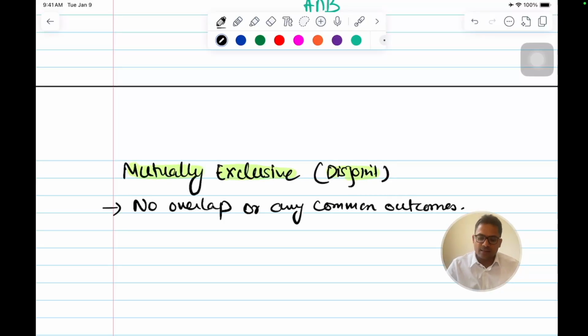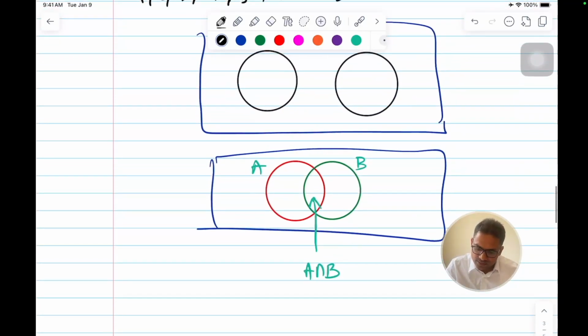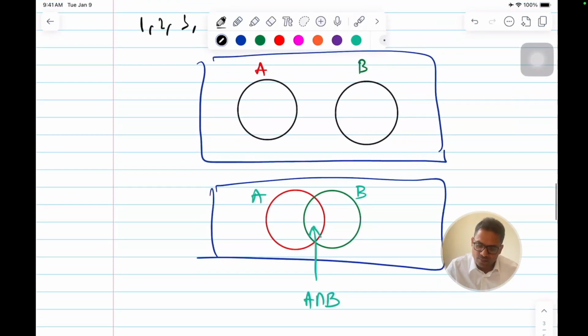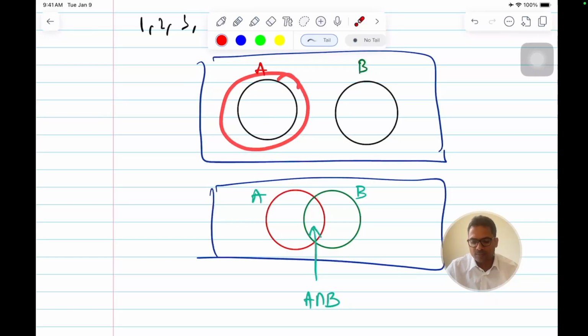And there's one more thing that we can say for sure: if we are choosing anything from A, then we are not choosing anything from B. In simple terms, if A happens, then B will not happen. So if we know that two events are mutually exclusive, we can say that if one has happened, then the other will definitely not happen.